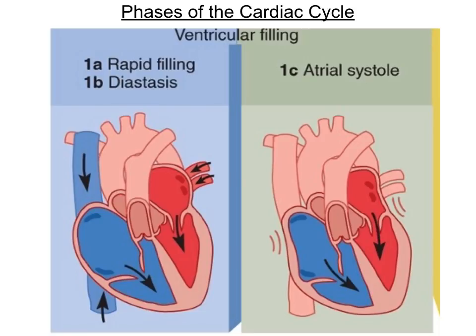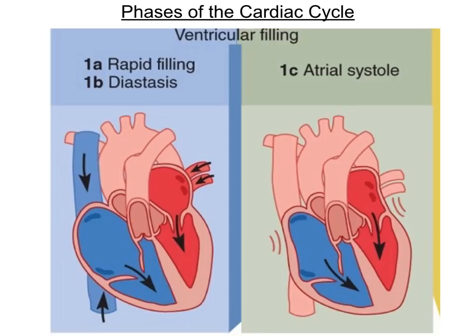After you've had some blood volume moving, things are going to slow down a bit and you're going to transition into diastasis. Now, during diastasis, you still have blood moving from the atria into the ventricles, but the blood is moving more slowly because the pressure difference between the atria and ventricles is lower.